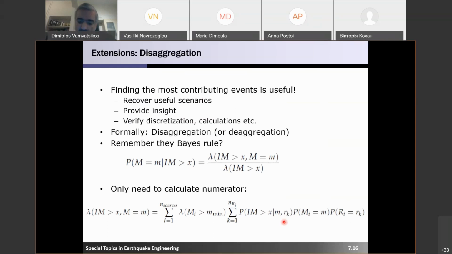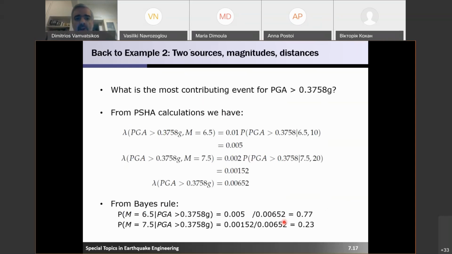So let me show you a couple of examples that will be made much simpler. Let's go back to our example 2. Remember, that was fault A and B, the one we did in Excel. It had two sources, two magnitudes, two distances. And let's ask the very simple question: what is the most contributing event for a PGA of 0.3758 g, remember, this was the median value for fault A? Again, everything is already pre-calculated.